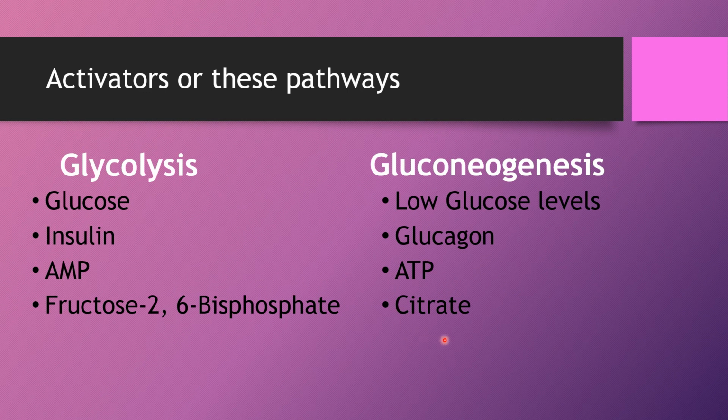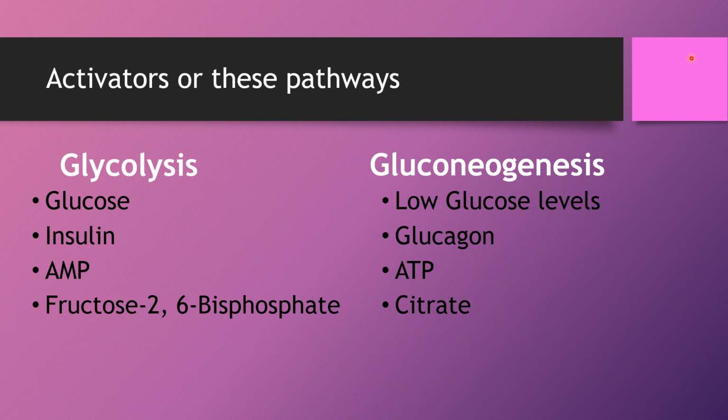Gluconeogenesis, on the other hand, you might see that these are opposites of each other. And that's a good thing to think about, because the activators of gluconeogenesis are low glucose levels, glucagon, ATP, and citrate.